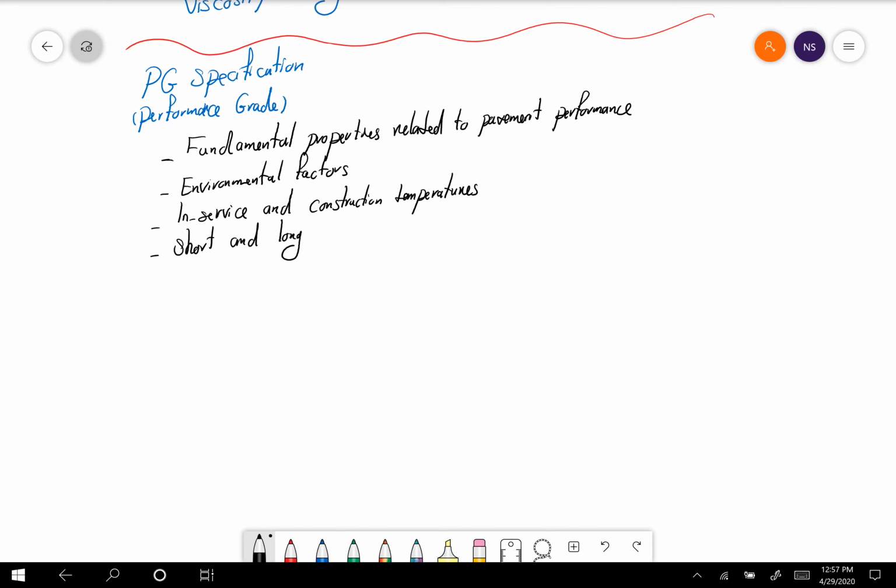The aging or oxidation of the asphalt was not considered in the previous classification system, but in the PG specifications, we have both short-term and long-term aging.